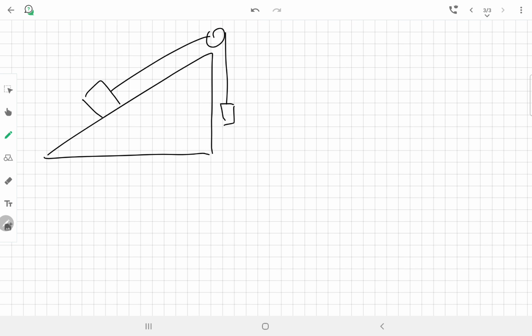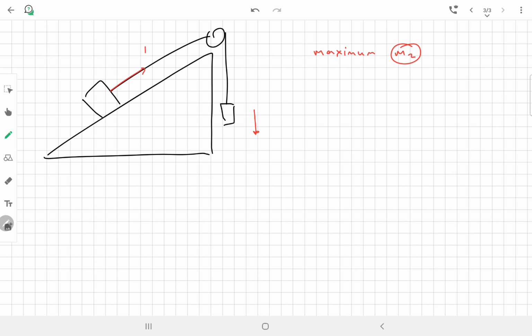Now, the difference between the previous case and this one, M2 wants to move downward. So we are trying to find maximum mass. Maximum M2. It means if you have a mass more than this maximum value, which is unknown for now, it will go downward. Second object will go downward.